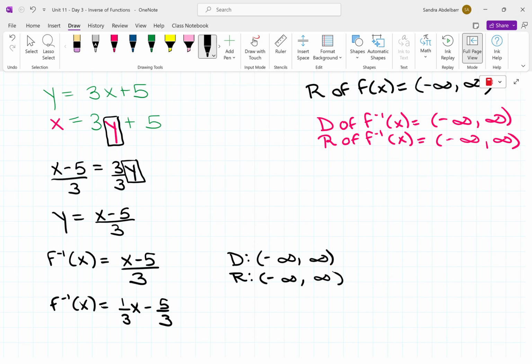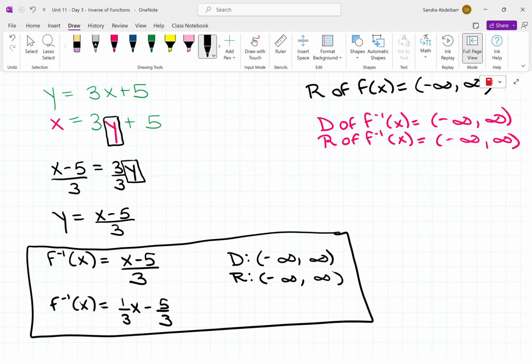Yeah, absolutely. Okay, so let's see one where the domain and range have a much bigger effect on the problem.